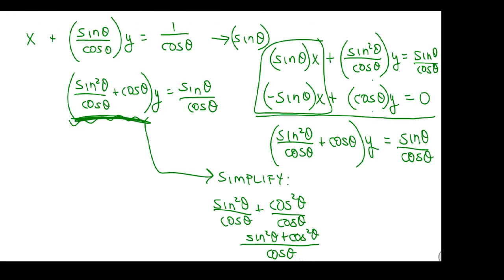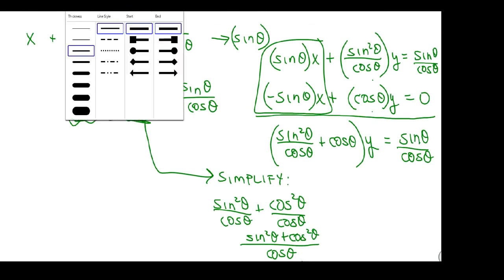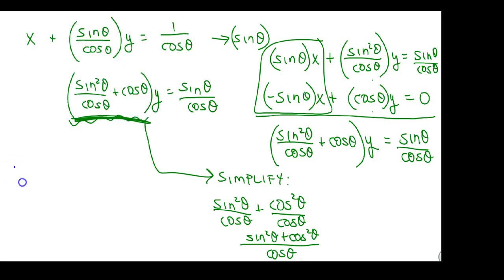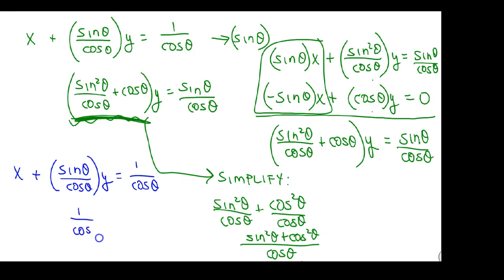So I'm going to take a second to rewrite my second iteration with that simplified version of the coefficient of y. So I have 1 over cosine of theta y equals sine of theta over cosine of theta. That's just this iteration in simplest form.